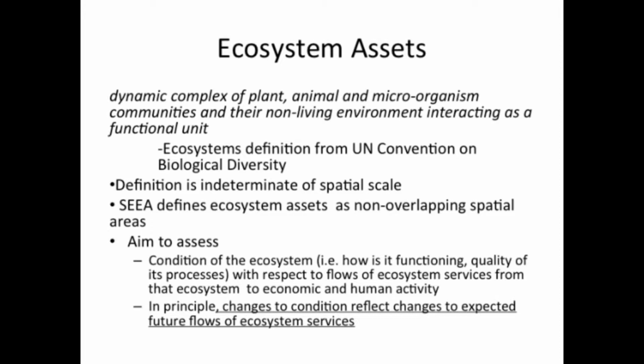So not only the changes in the stocks of natural resources, as is accounted for in the central framework. The UN Convention on Biological Diversity provides a definition for ecosystems, which is indeterminate of spatial scale. So the SEEA defines ecosystem assets as non-overlapping spatial areas, and the aim in ecosystem asset accounting is to assess the condition of those spatial areas, in terms of how they are functioning, the quality of their processes, etc., with respect to flows of ecosystem services from that ecosystem to economic and human activity.